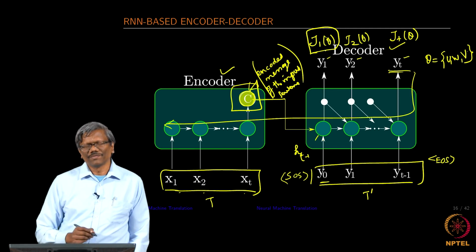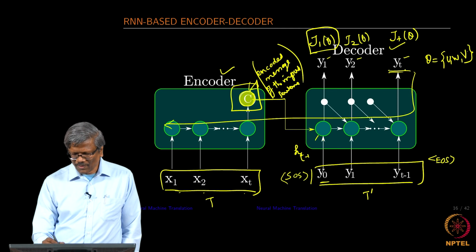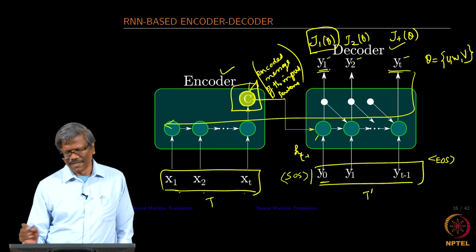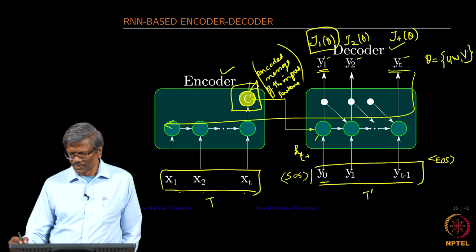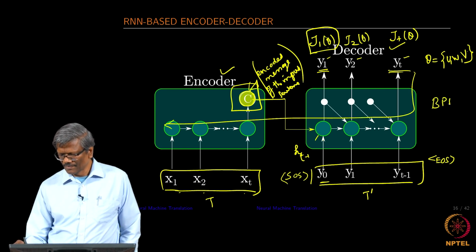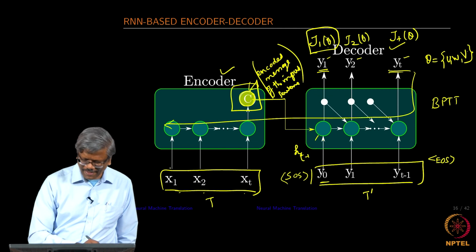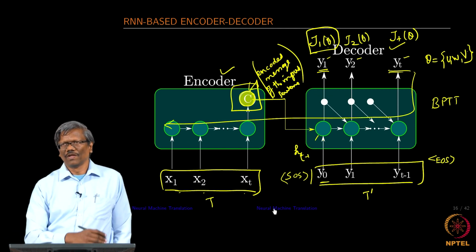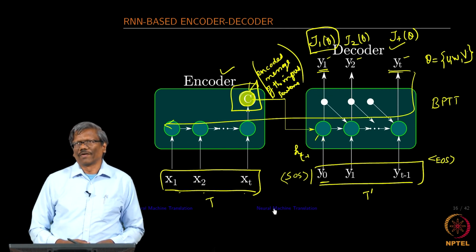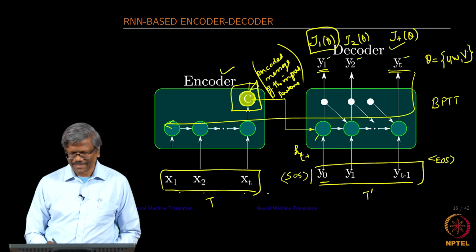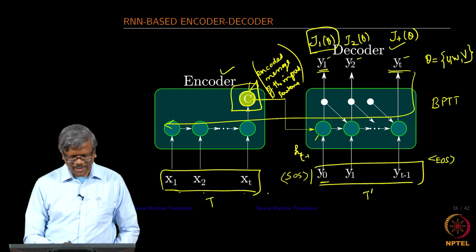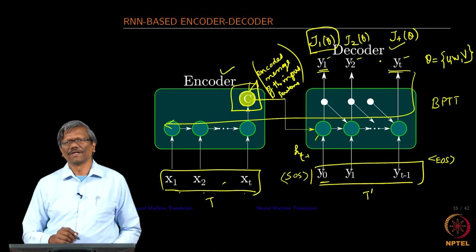And we use an error mechanism and find out how different y1 is from the actual expected output, pass the error back using the BPTT, and train these models for so many hours to finally have a translation model, which when provided this sequence will give you the output sequence.